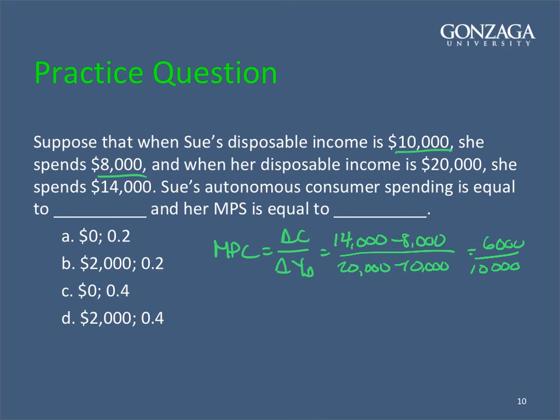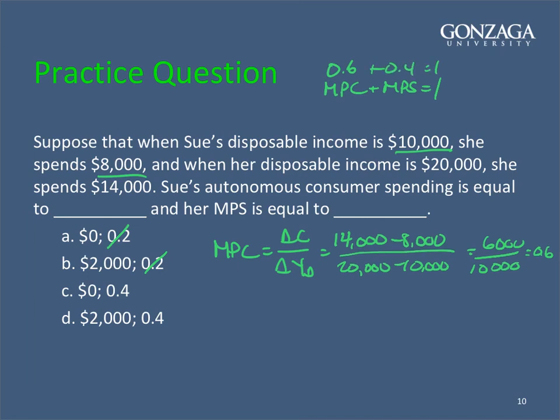So my MPC is now 0.6. So my MPS is 0.4. We can already get rid of a few of those options, right? Because remember, MPC plus MPS equals 1. So if this is 0.6, by definition, this has to be 0.4.